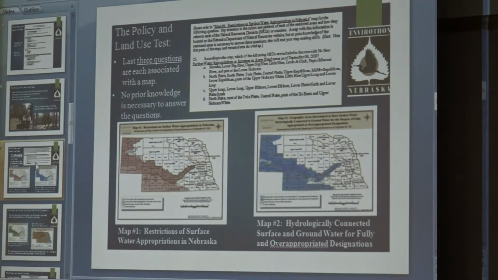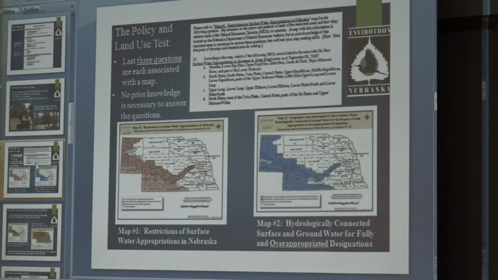The last 3 questions on the test, I have started including a map. The maps don't really require any prior knowledge. They can go to the Department of Natural Resources website and look at the stuff if they want to. But really the purpose of the maps is to test their map reading skills and their ability to follow directions.